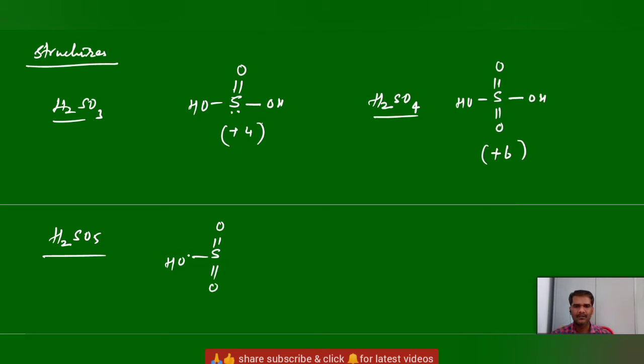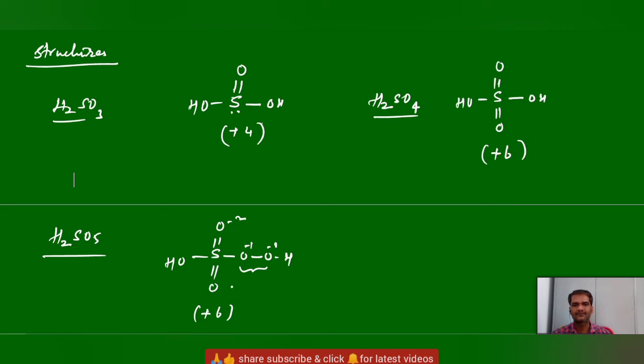So, two double bond oxygens, one OH, but we have one extra peroxide linkage here. This is a peroxide linkage. Hence it is called peroxomonosulfuric acid. Here two oxygens carry -1 oxidation state. Generally oxygen carries -2, but in this case out of 5 oxygens, 2 carry -1. The remaining 3 oxygens carry -2. Overall oxidation state of sulfur is +6 only.